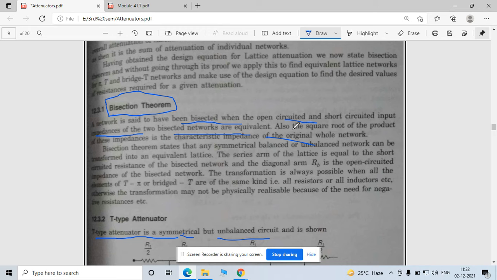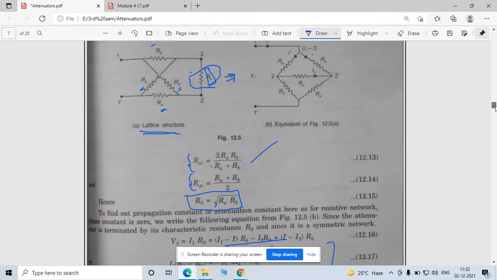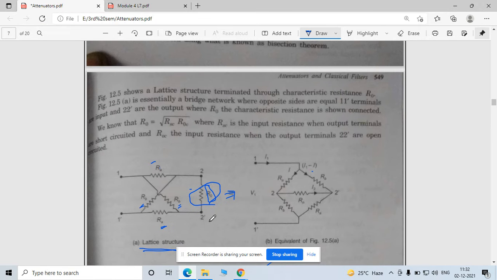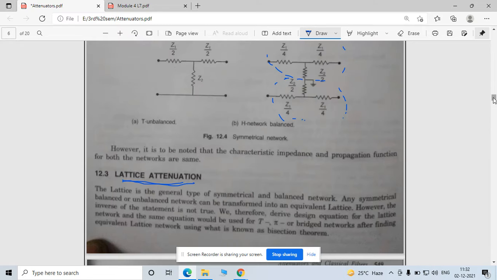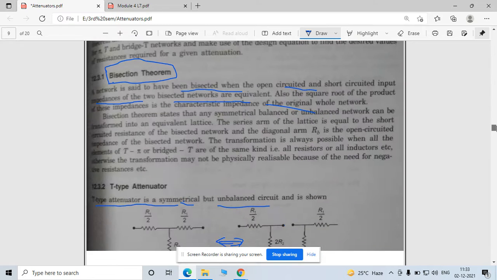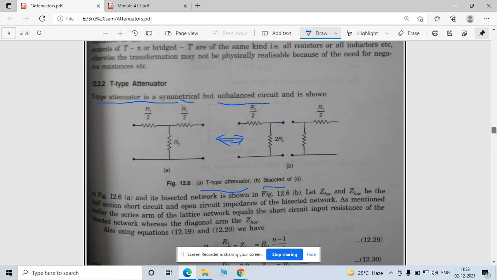A lattice network is a symmetrical balanced circuit, right? So how to realize your network? This is a symmetrical balanced circuit, right? So in the same way you can replace the symmetrical unbalanced network with the symmetrical balanced network.